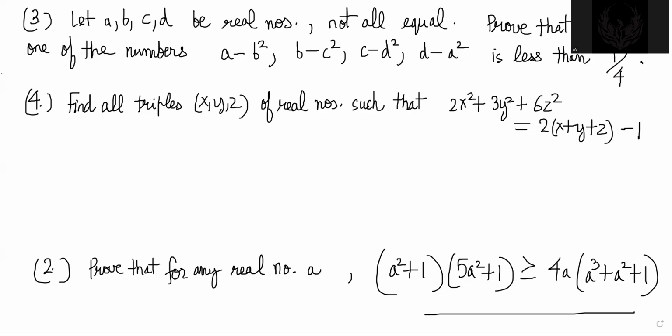Second one, are we supposed to expand it out? Because after that, I'm not sure what to do. Expand it and bring everything on one side. Okay, so I'm getting a degree 4 equation.